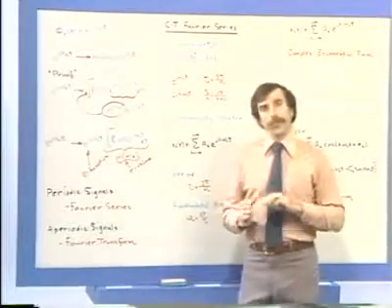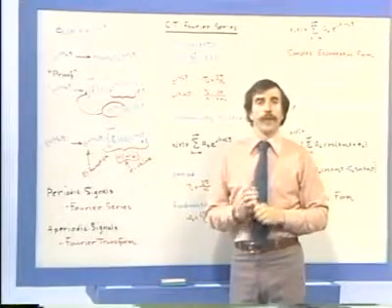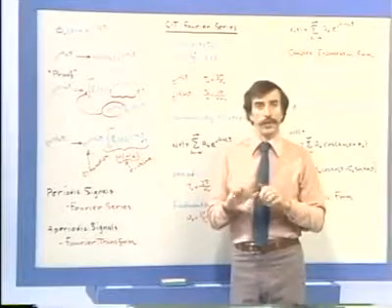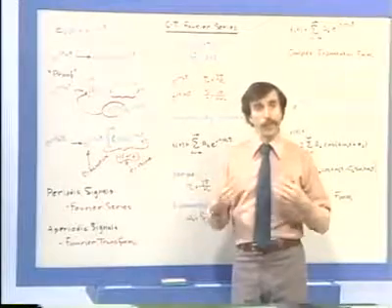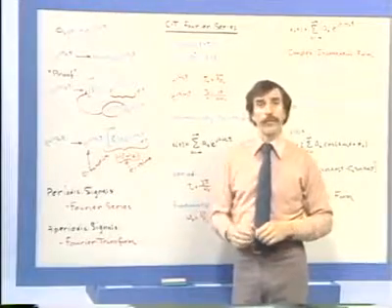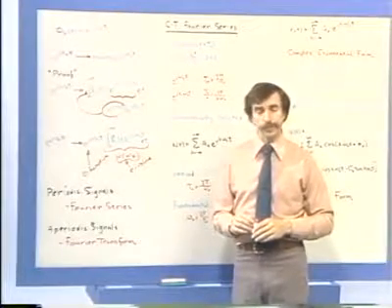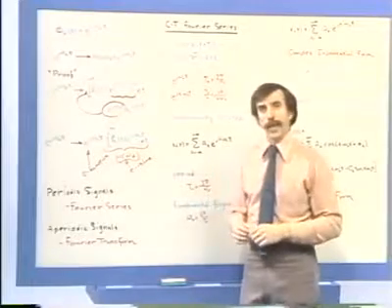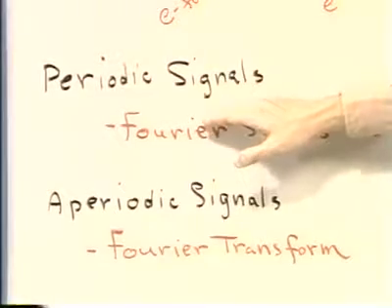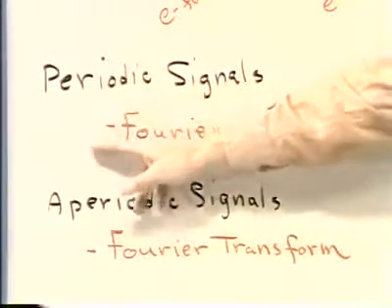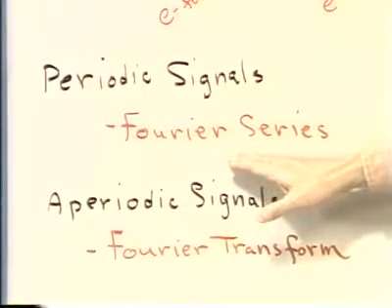The other part to the question related to the strategy that we've been pursuing is to hope that these signals can be used as building blocks to represent a very broad class of signals through a linear combination. And in fact, that turns out to be the case with complex exponentials. As we work our way through that, we'll first consider the case of periodic signals, and what that leads to is a representation of periodic signals through what's called the Fourier series.